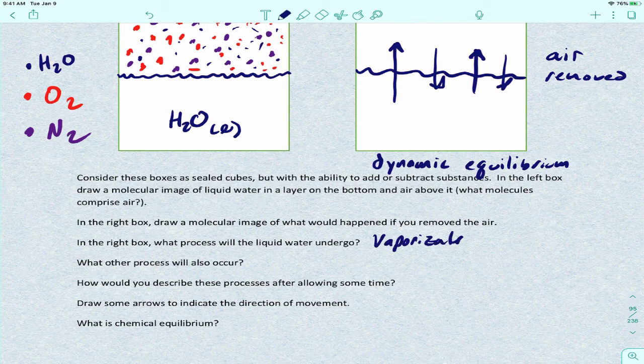And what other process will occur? Condensation, the opposite of vaporization. And how would you describe this process after allowing some time? I'm going to use the word equilibrium. So at some point, this is going to keep going back and forth.